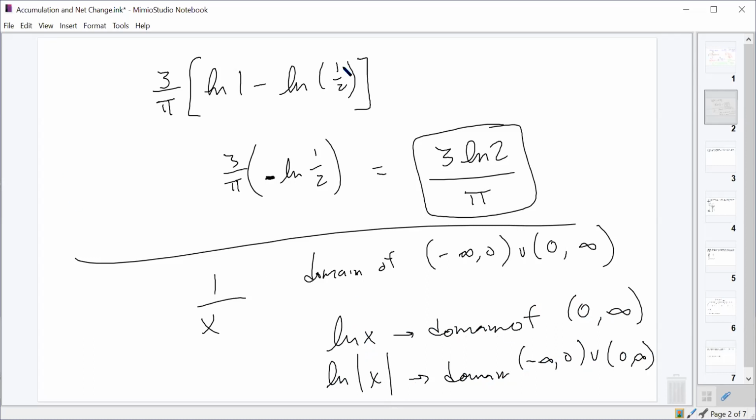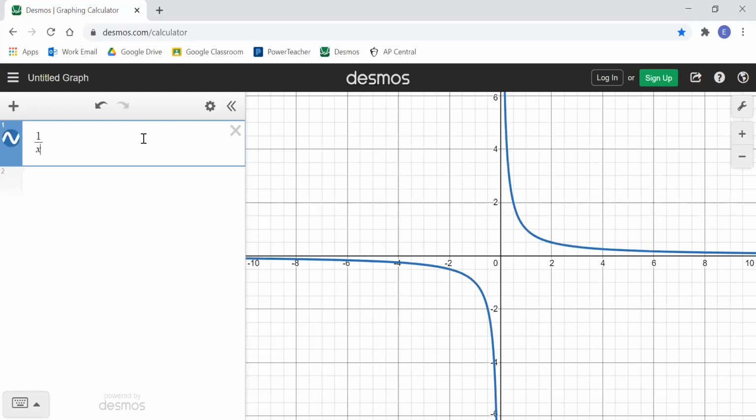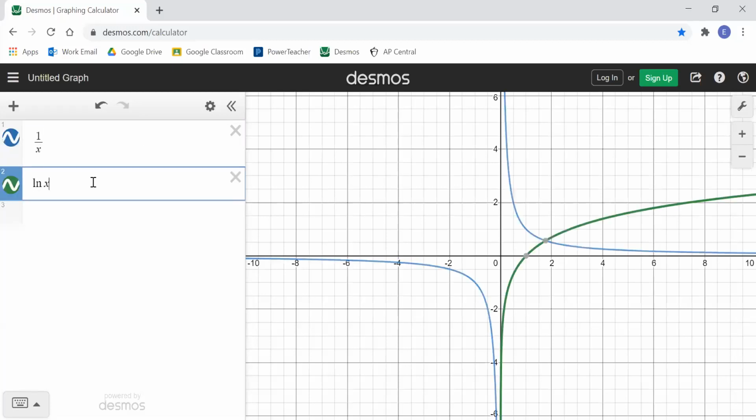And let me see, I think I have Desmos open. So if you look at 1 over x next to natural log x, your slopes of natural log of x are 1 over x, and your slopes of negative natural log of x should be the opposite.